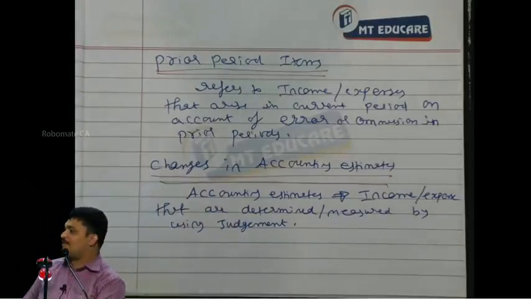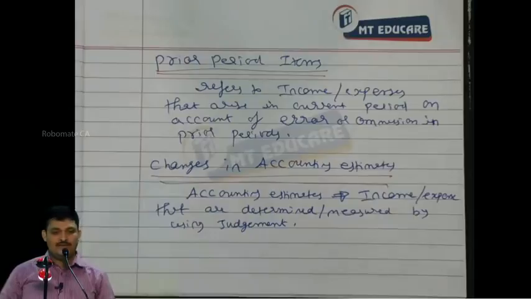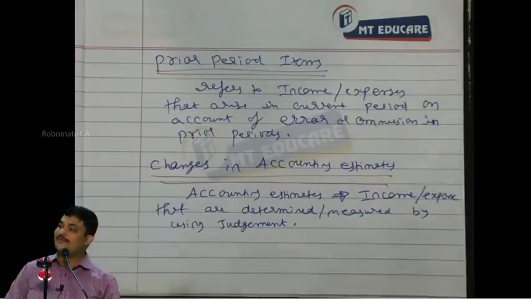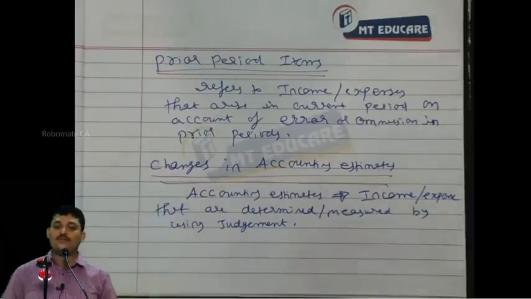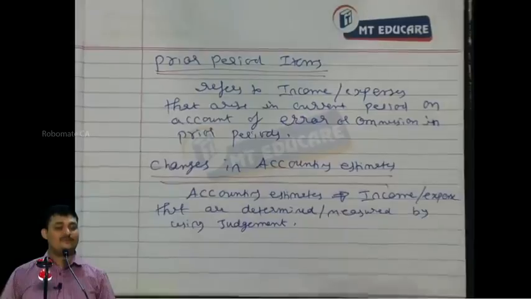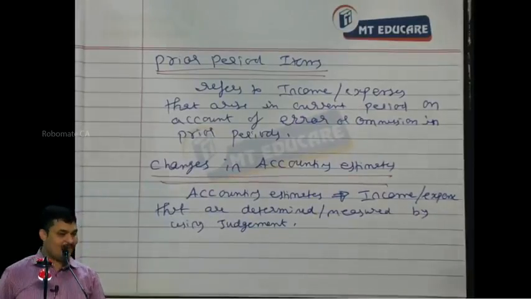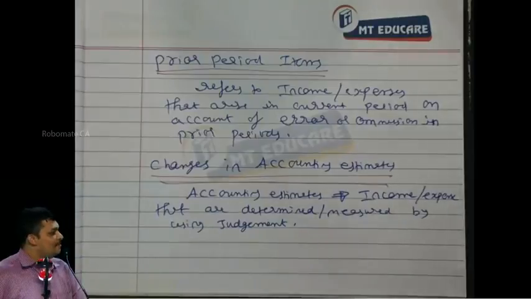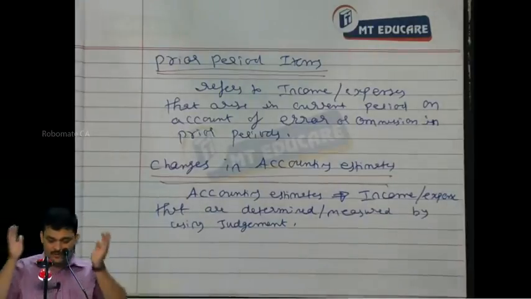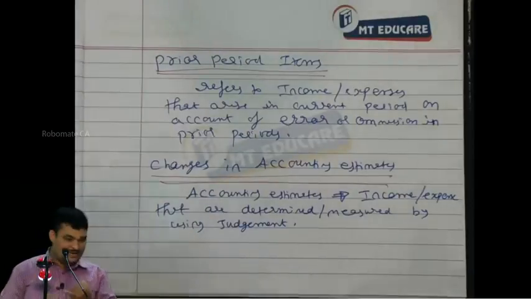Could you appreciate that? So you have provision for bad debts estimated, and you provided 5,000. Actual bad debts comes to 7,000. So there is an extra loss of 2,000, and that extra 2,000 loss will be considered as change in accounting estimate. So the 5,000 you made is an accounting estimate.